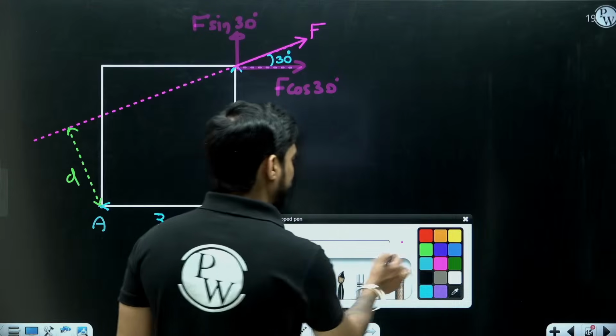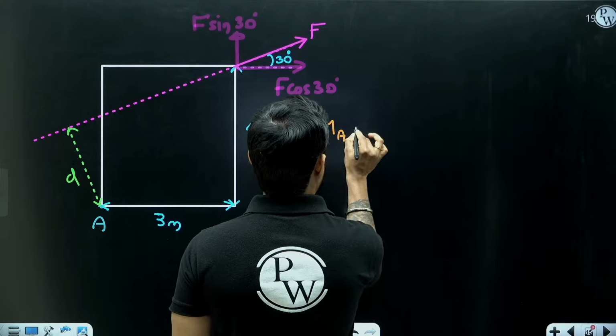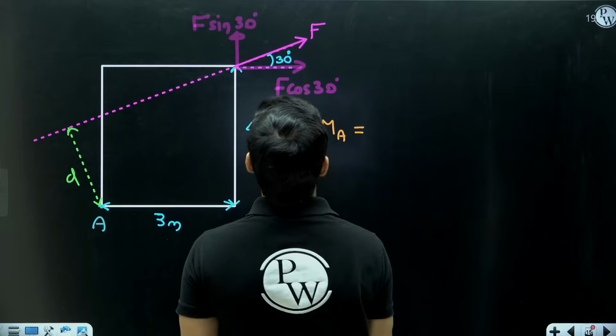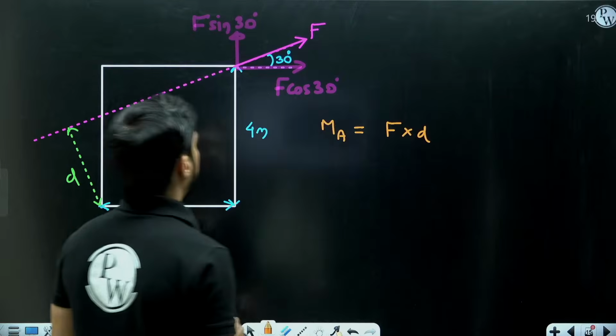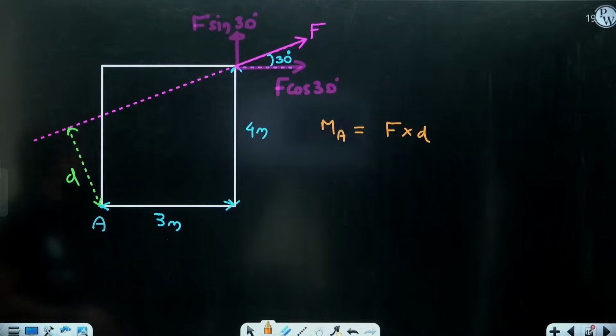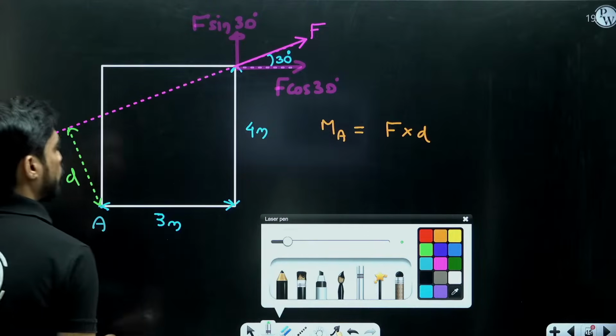So according to Varignon's theorem, moment about A of this force will be equal to F into D. Now, whether it will be clockwise or anti-clockwise, what did I tell you? How will we find the direction of moment?